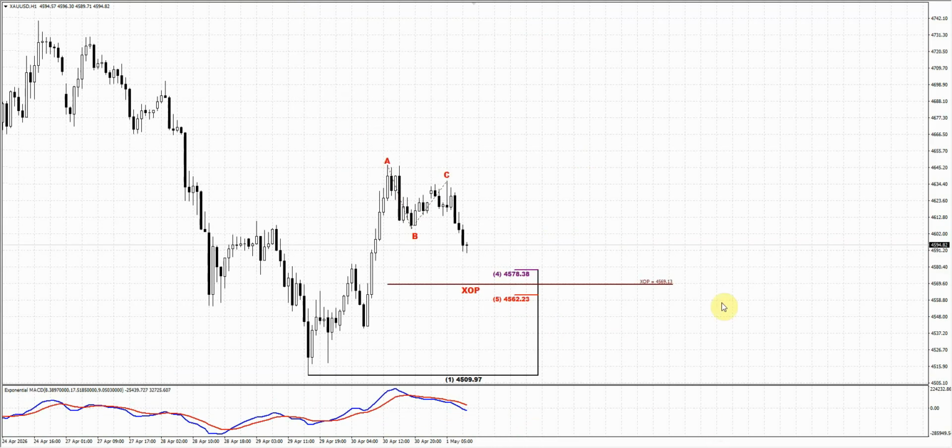On the hourly chart, here's what in particular we might consider. I wouldn't call it a head and shoulders, of course, but here on top we have a clear shape of the ABC retracement. For entry, an interesting area might be around 45.62 to 45.78, which also contains the XOP with 45.70.